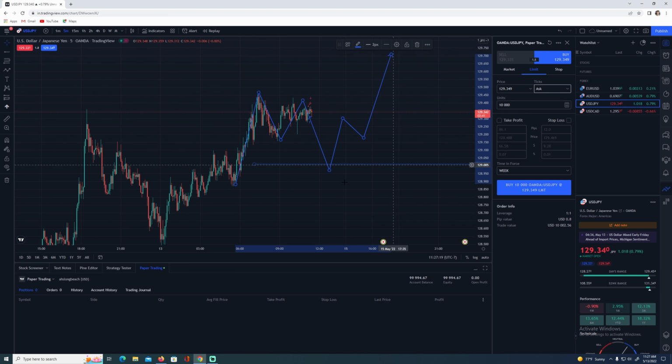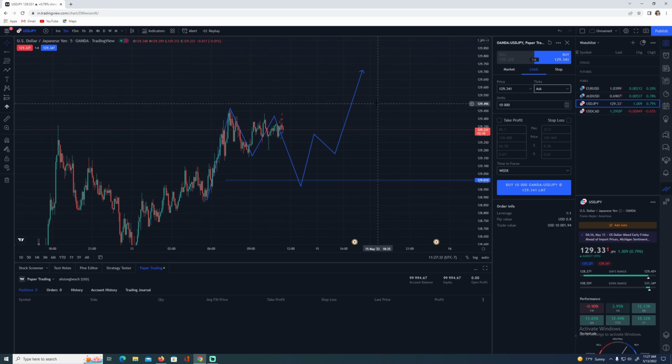So we want to place a buy limit order here, because price is going to come here, turn around and continue in that direction. A limit order for a buy is below price. A limit order for a sell is above price.